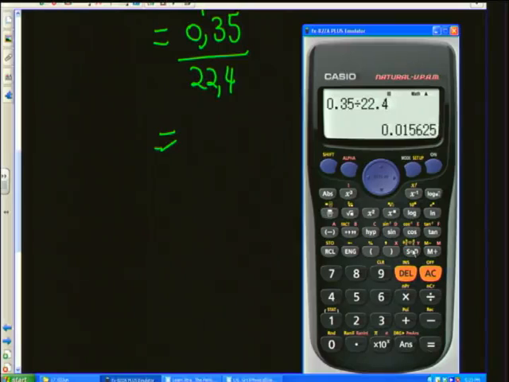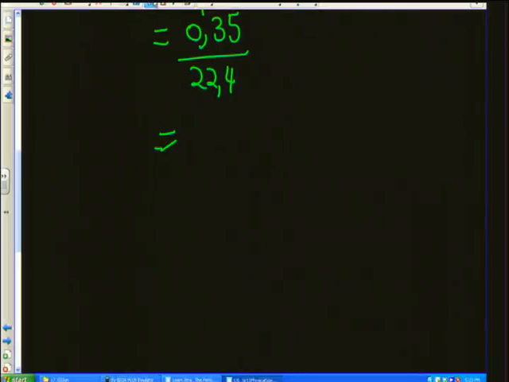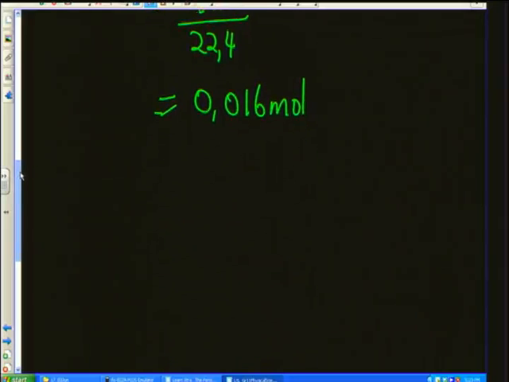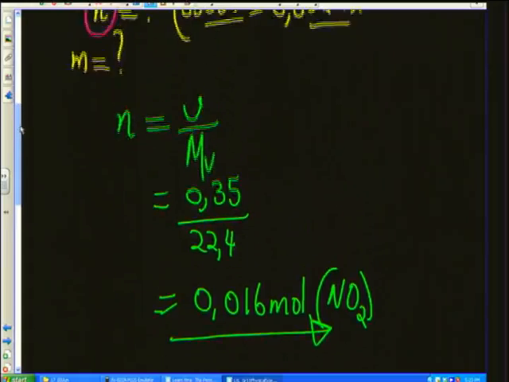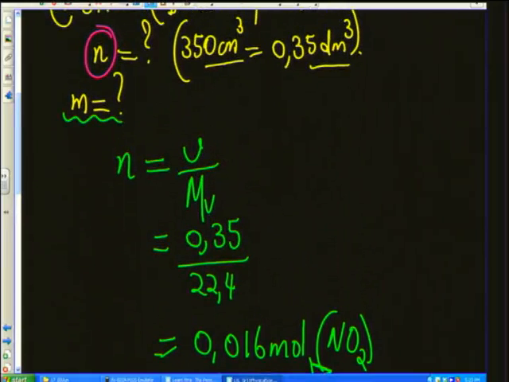That is 0.016 moles. So we've got 0.016 moles of what? Remember, of nitrogen dioxide. The question wants us to find the mass of nitrogen dioxide in that container.